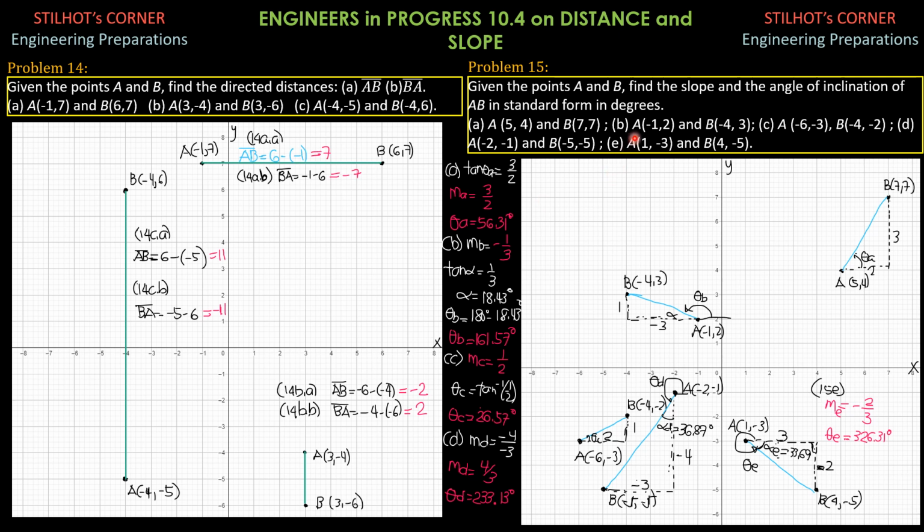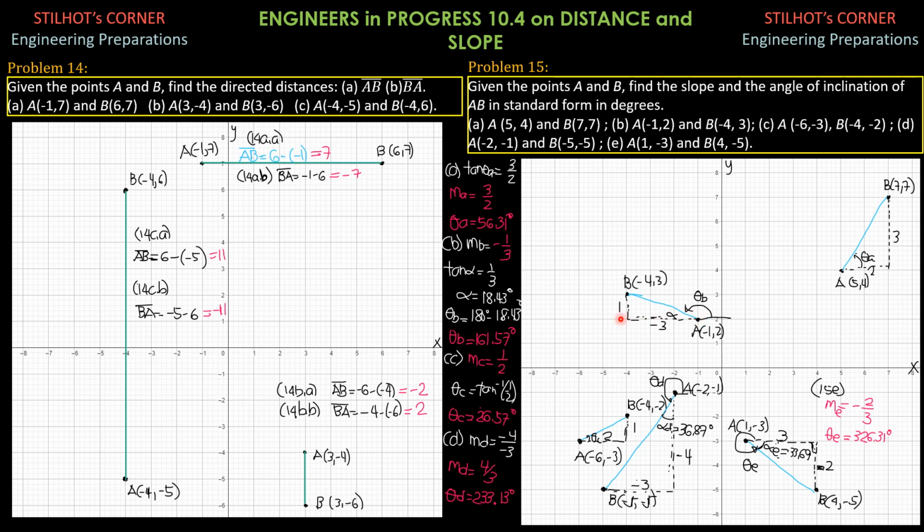Then B: A is (-1, 2), which is here. And B is (-4, 3), which is there. So that direction is up to the left.